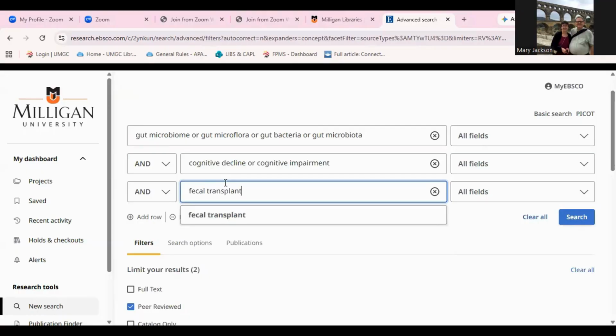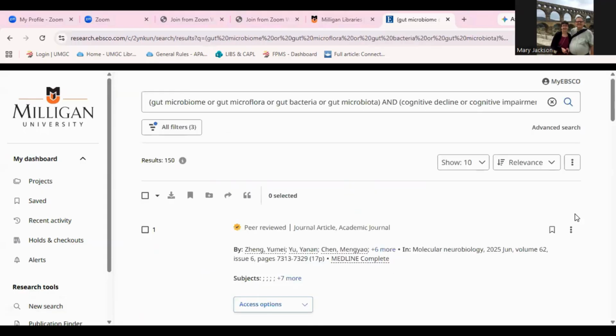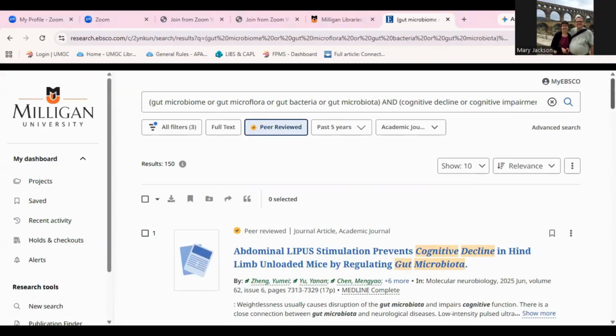And so I'm going to add that in there and see how that impacts my results. Okay, it went way down. So that is good. I'm very happy with that. That is getting it to a very good place, very specific.